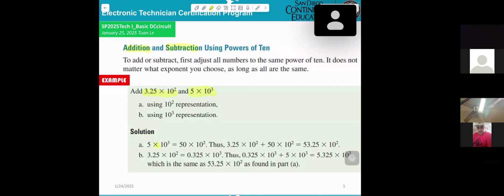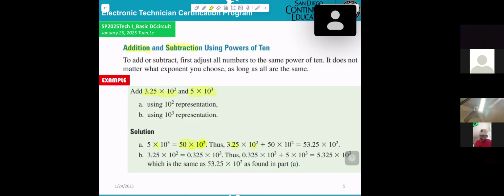Or you see that 5 times 10 to the power of 3 equals 50 times 10 to the power of 2. We already know how to do the power of 10. So that's why they can say 3.25 times 10 to the power of 2, adding 50 times 10 to the power of 2.